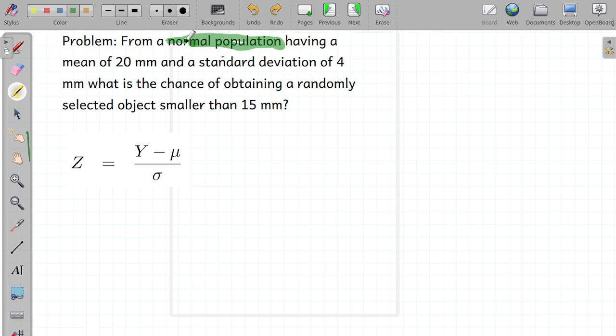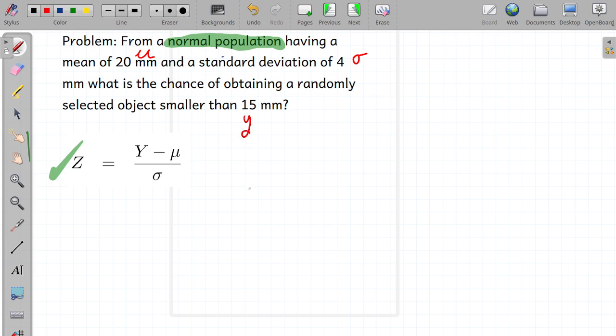So the fact that it's a normal population tells me that I can use this formula. So this is correct. Now, a mean of 20 millimeters, that's the value of mu. A standard deviation of 4 is the value of sigma, and the value we want to compare is down here.